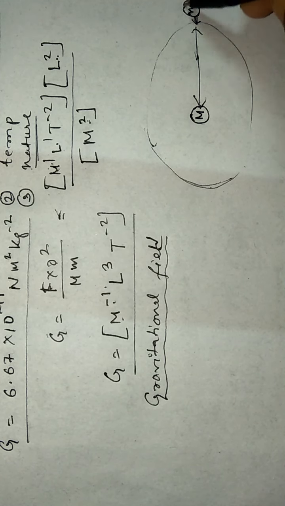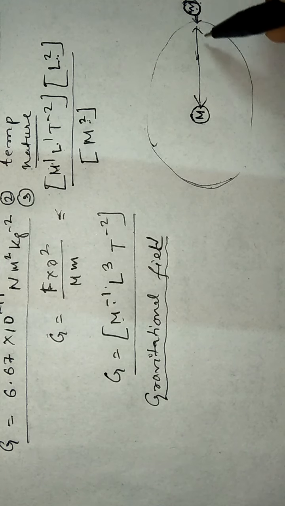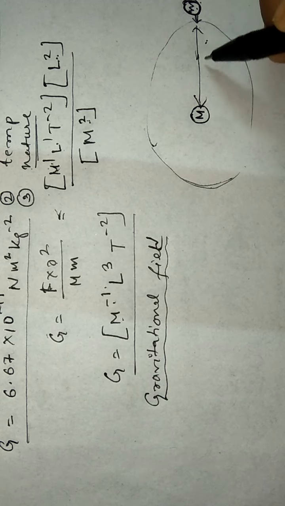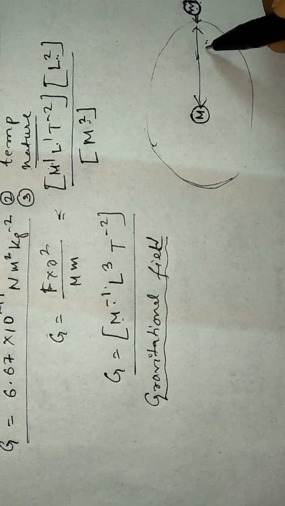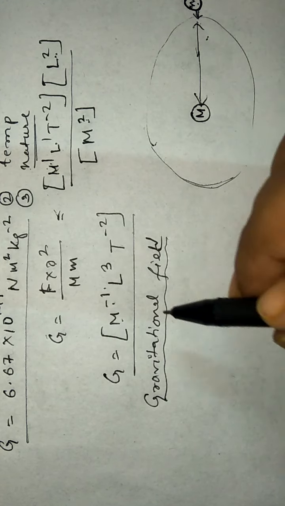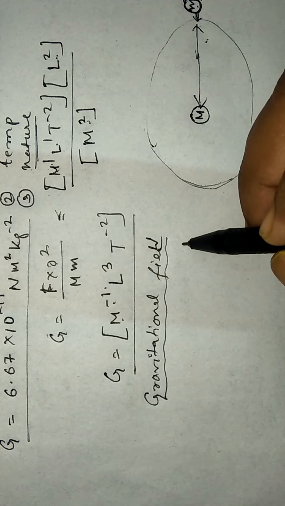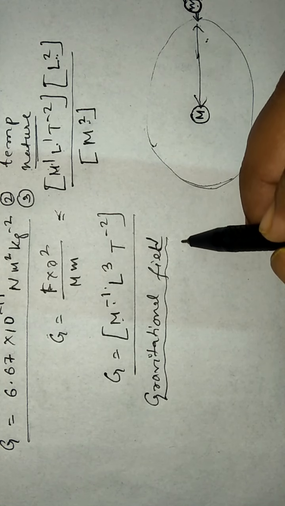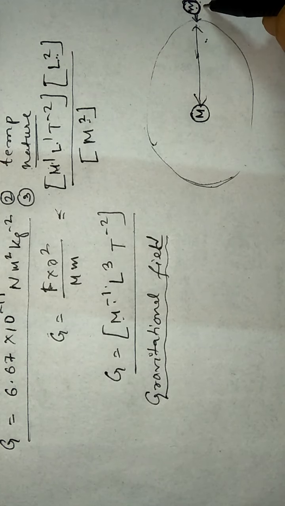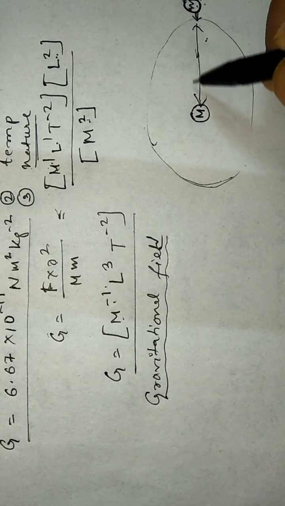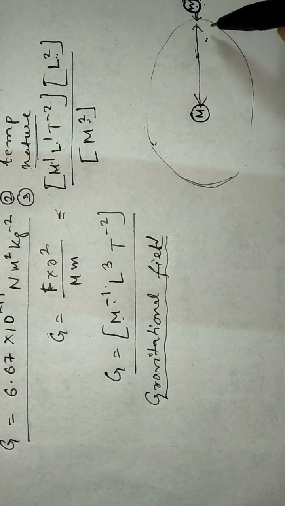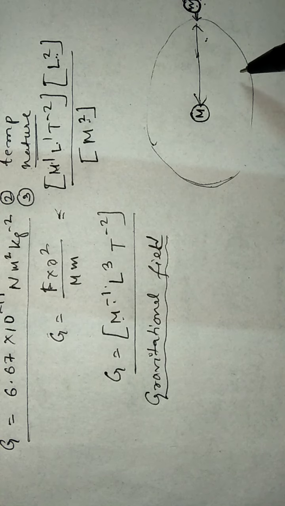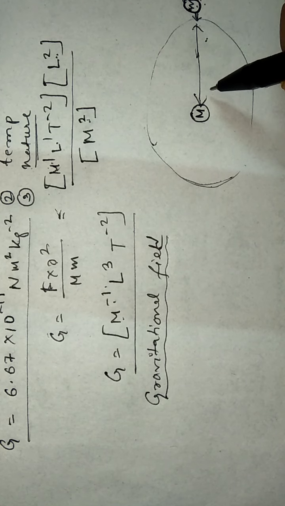So when this small mass m is outside the field, there is no force of attraction. But once it enters the field, immediately there is a force of attraction. So what is the definition of gravitational field then? The space in which a mass or a system of mass experiences a gravitational force of attraction is a gravitational field.